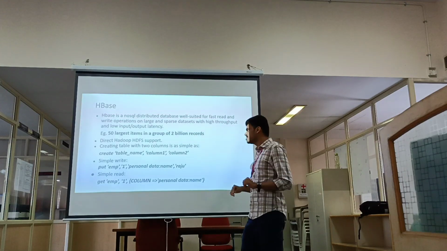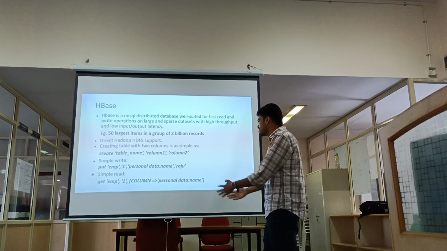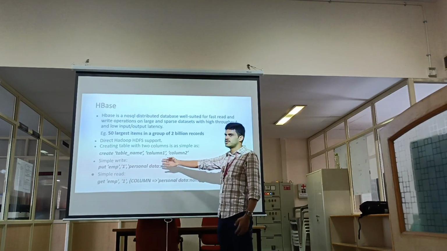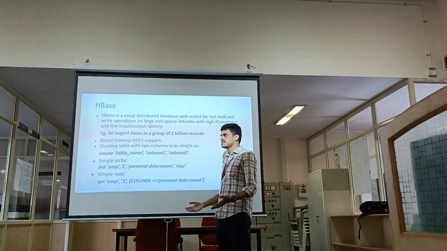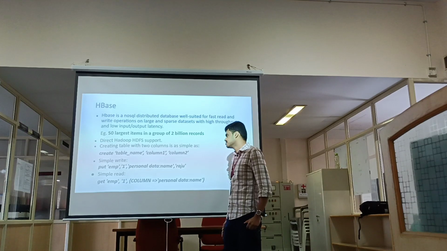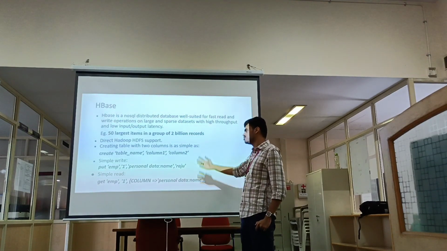Since this is a NoSQL database, I can divide the column into as many parts as I want. What I did here is that personal data is the column. I divided it into one part known as name. I can have personal data age, personal data salary, I can have any number of partitions. In this partition called name, I am storing the value known as Raju.